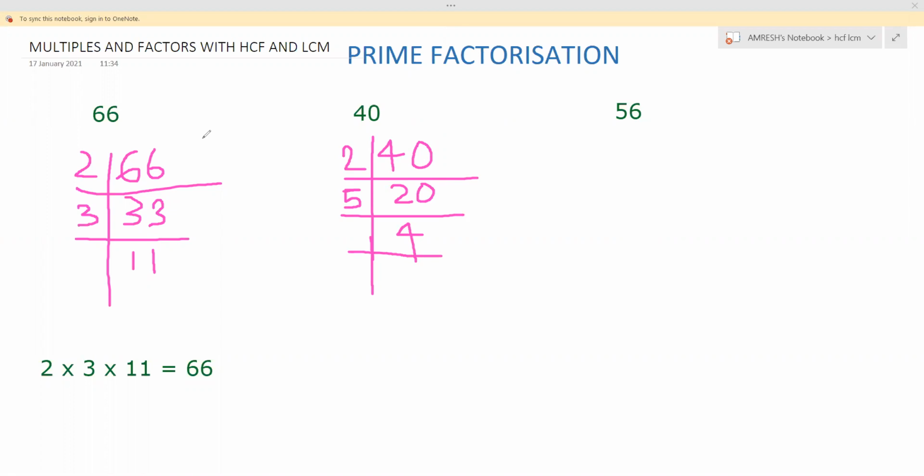Even numbers you are seeing, you try it by 2 to get the question. 2, what will you write here? You have got 2. 2 is a prime number. What will you write? 2 into 5 into 2 into 2 is equal to 40. Done. Next one.